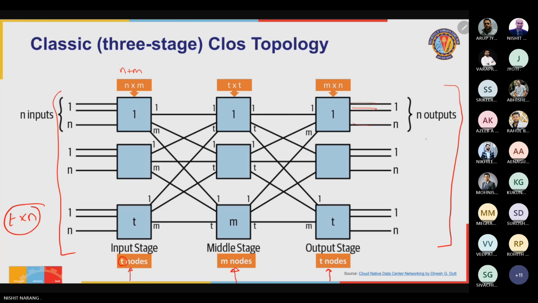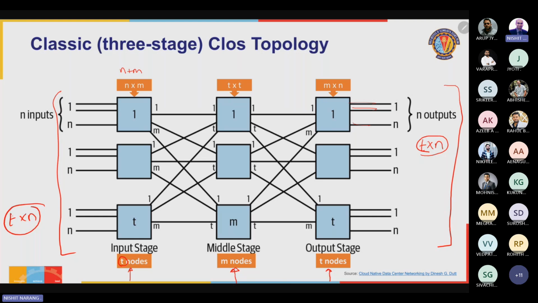How many telephones can I connect to towards the end? Once again, T cross N. Okay. So in a way, I can create T cross N pairs of calls through this network without facing any congestion. That's what we are trying to do.